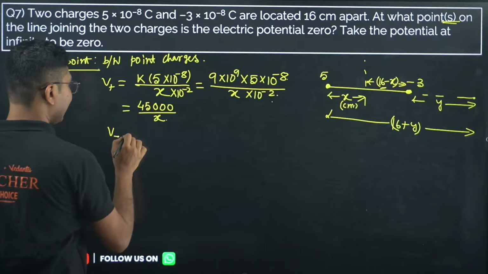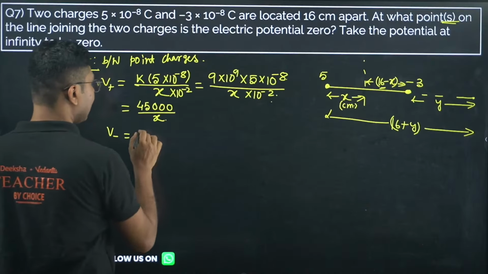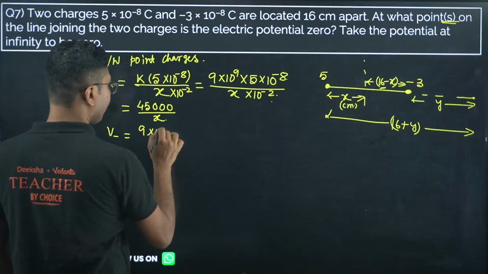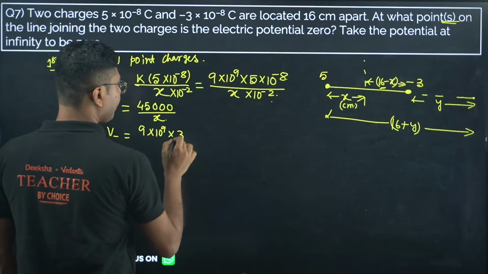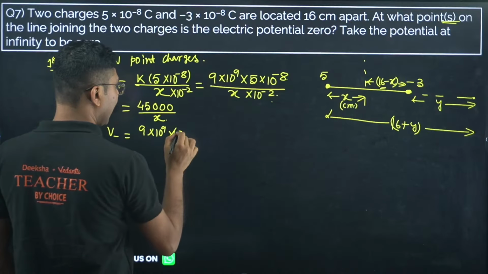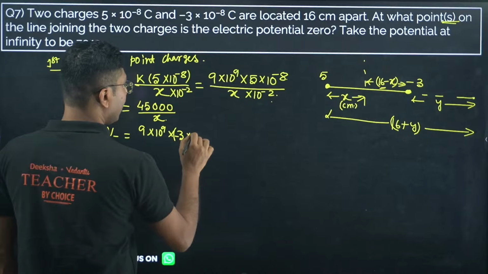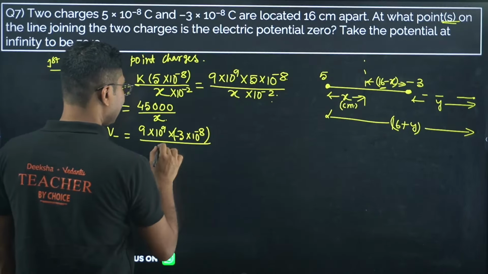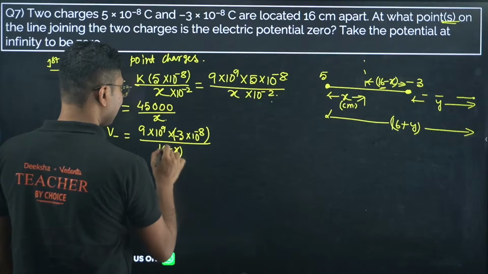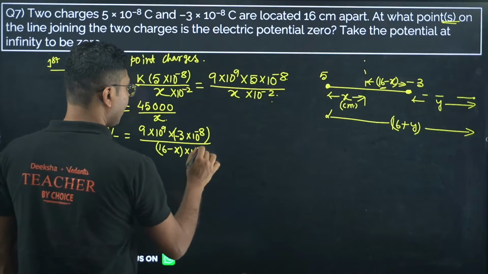What about V minus? V minus will be again the same thing, 9 into 10 to the power of 9 into minus 3 into 10 to the power of minus 8, divided by 16 minus x into 10 to the power of minus 2.